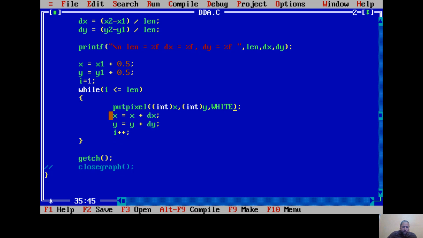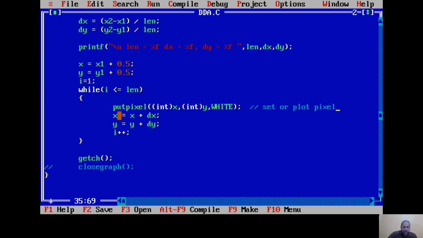Okay, then after plotting the first pixel, what do I need to do to find the next pixel?